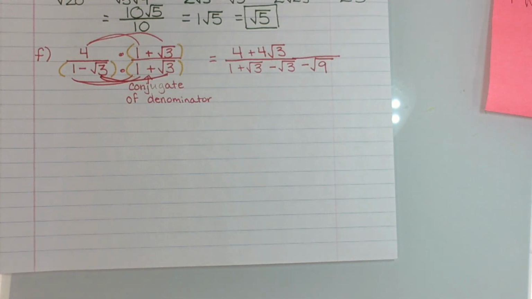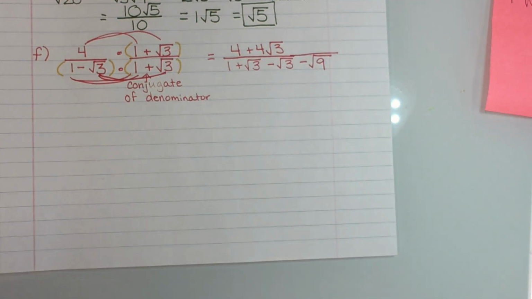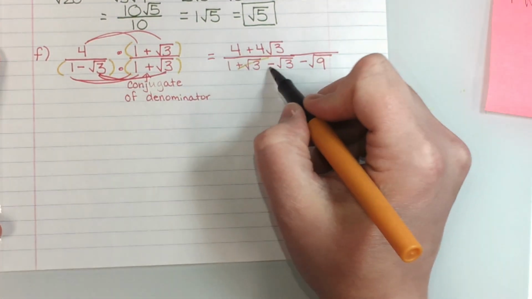Now there's still square roots down there, but those two are going to cancel out. They're always going to cancel out when you're multiplying conjugates. That's the reason we multiply by conjugates. Square root of 9 will simplify.